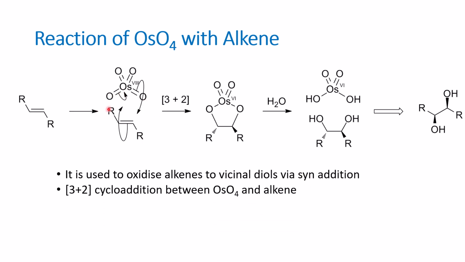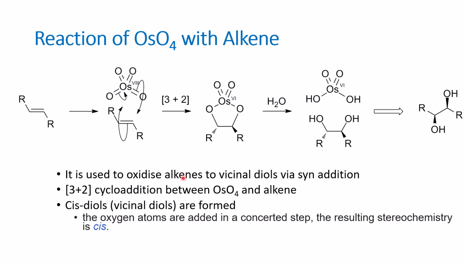Because it is a concerted cycloaddition reaction, it involves 3 atoms of the osmium tetroxide and the 2 carbon atoms of the alkene. And so it is a kind of 3+2 cycloaddition reaction. At the end of the day, we get vicinal diols. The reason for the vicinal diols being formed is because the oxygens of osmium tetroxide are added from the same side.